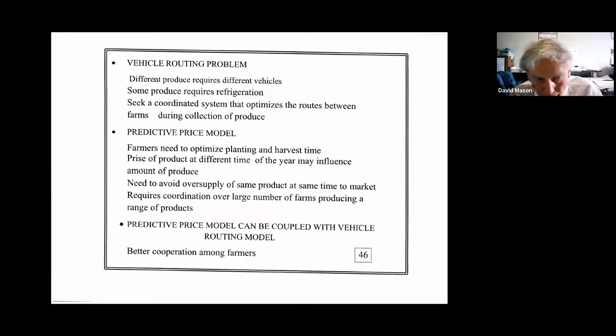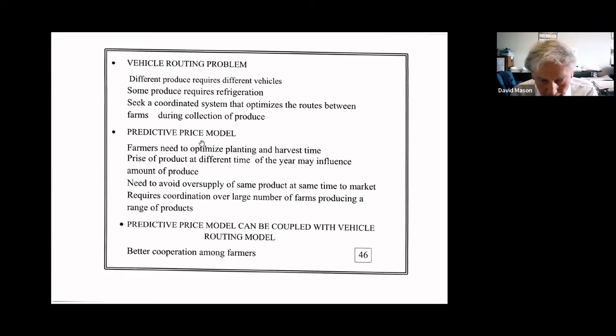Now, this is the vehicle routing problem. Different produce requires different vehicles. Some vehicles must be refrigerated if you have refrigeration. And we seek a coordinated system that optimizes the routes between the farms during the collection of produce.